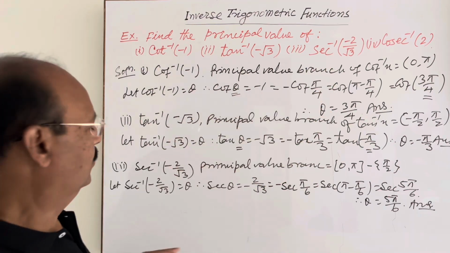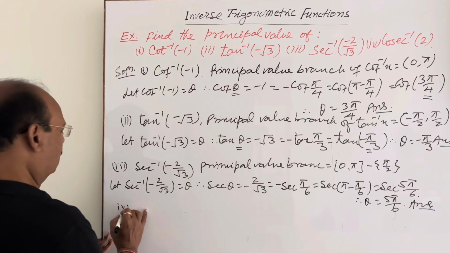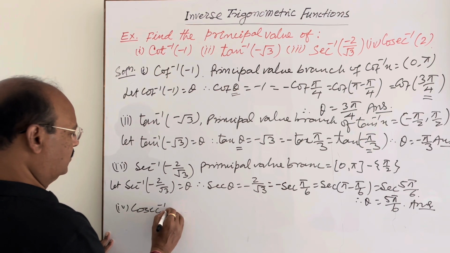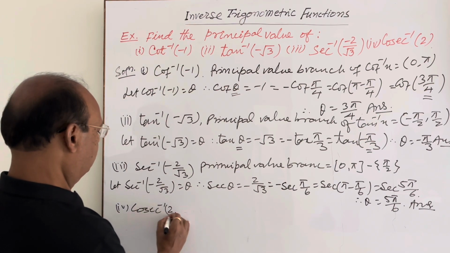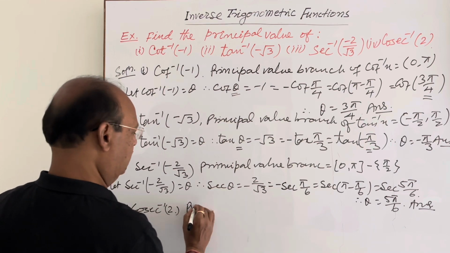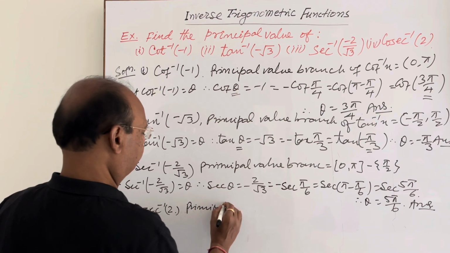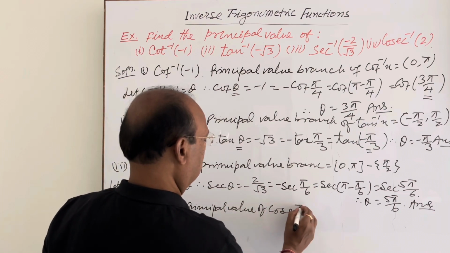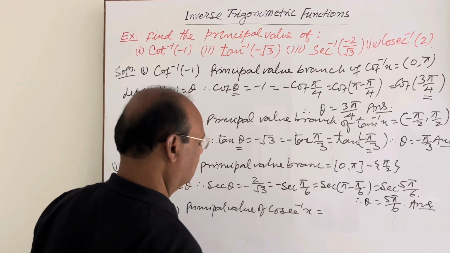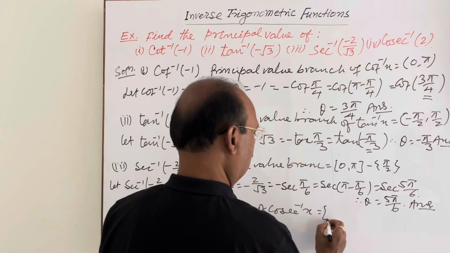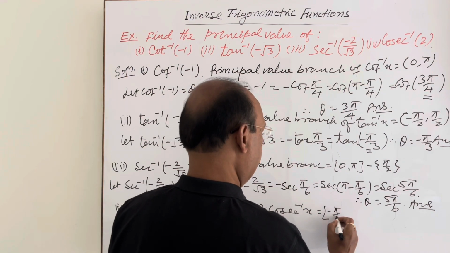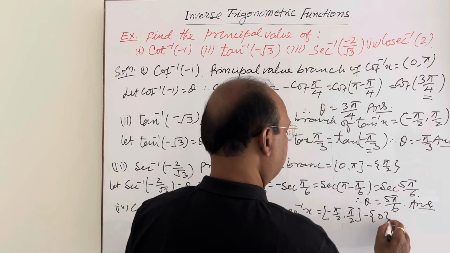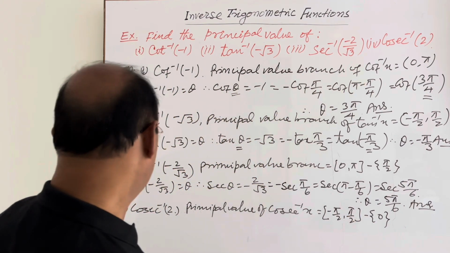And the last, fourth, is cosec inverse of 2, correct? The principal value branch of cosec inverse x is the closed interval minus pi by 2 to pi by 2 minus the element 0, correct?